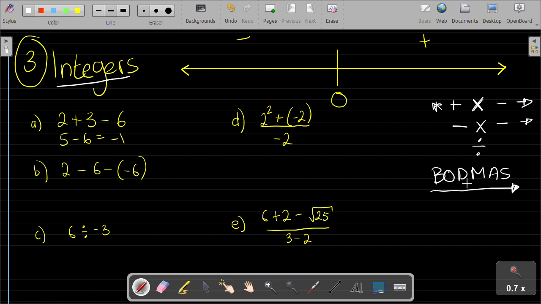So I'm just going to explain these three things over here: the number line, what happens with the signs, and BODMAS. Remember, with a number line, guys, what happens with integers if we have -1 and we are minusing? Let's say, for example, we have a question of -1 -3. We're going to go backwards.